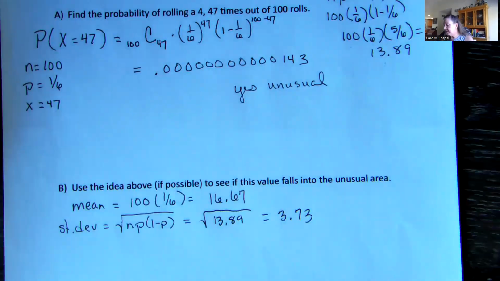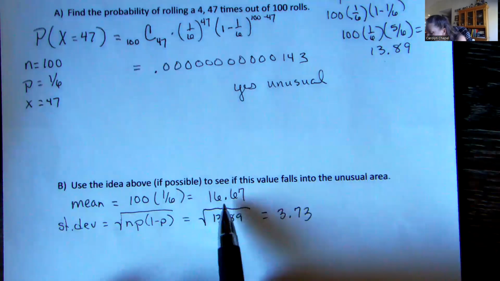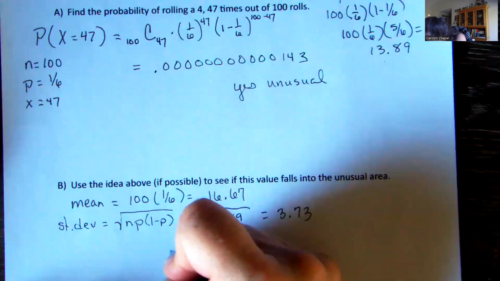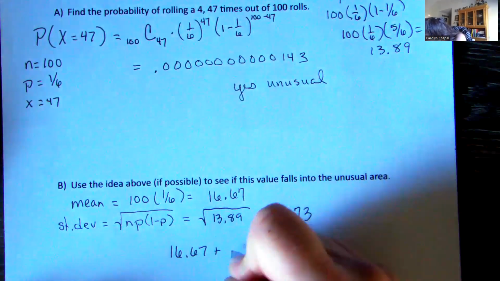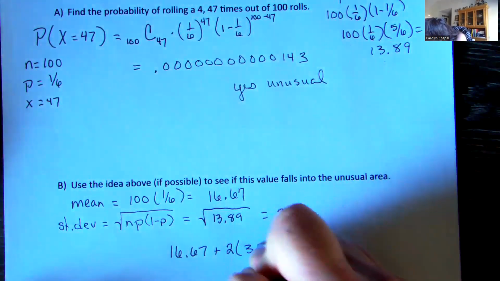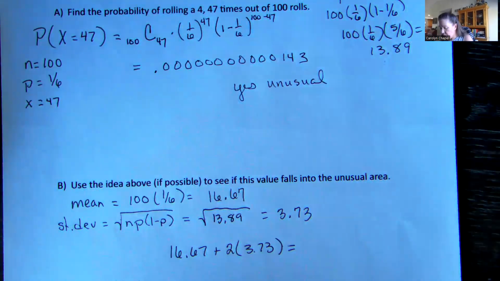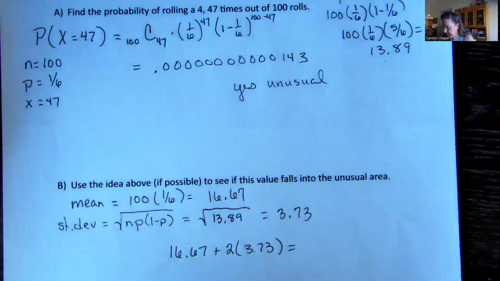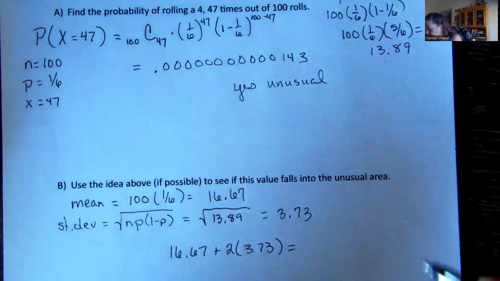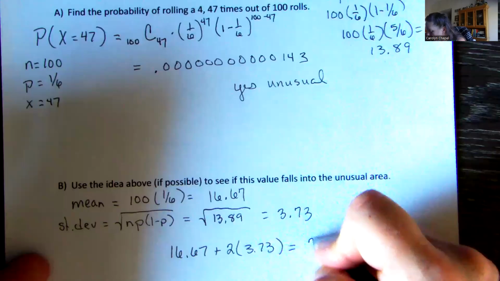Okay, since I can use the empirical rule, if I go 2 of these up from 16.67, we would be roughly at 24.13.